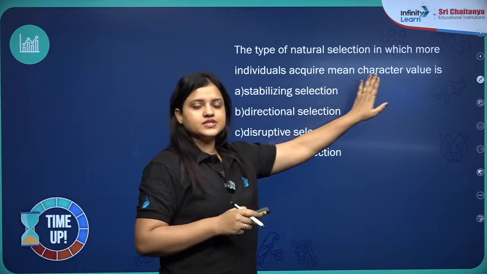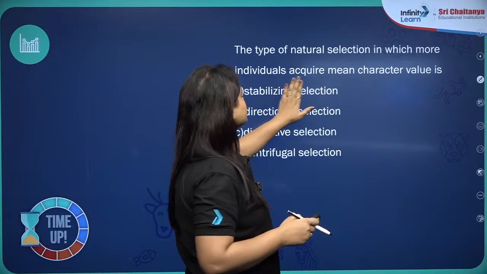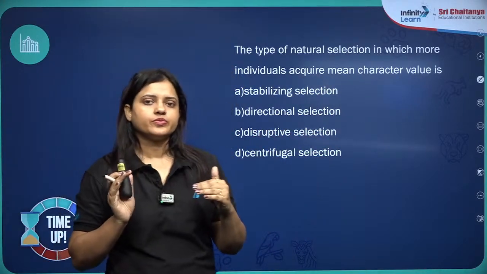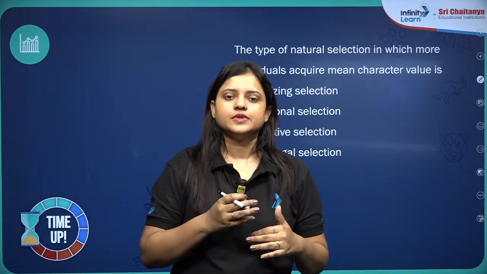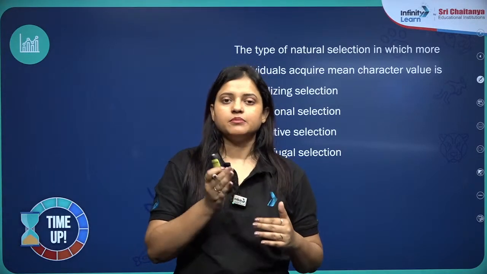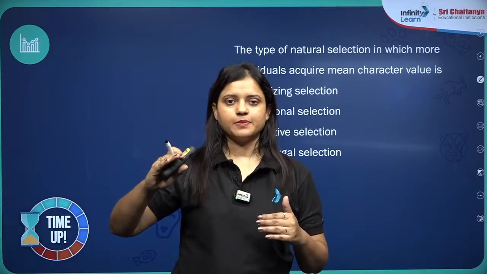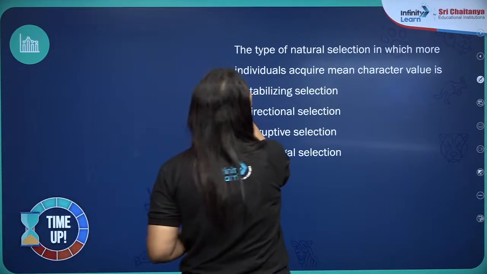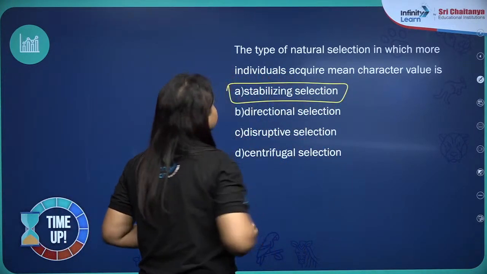The type of natural selection in which more individuals acquire mean character value is... So if the number of individuals with mean character value is increasing, that type of selection is stabilizing selection. So there are three types of natural selection, right?